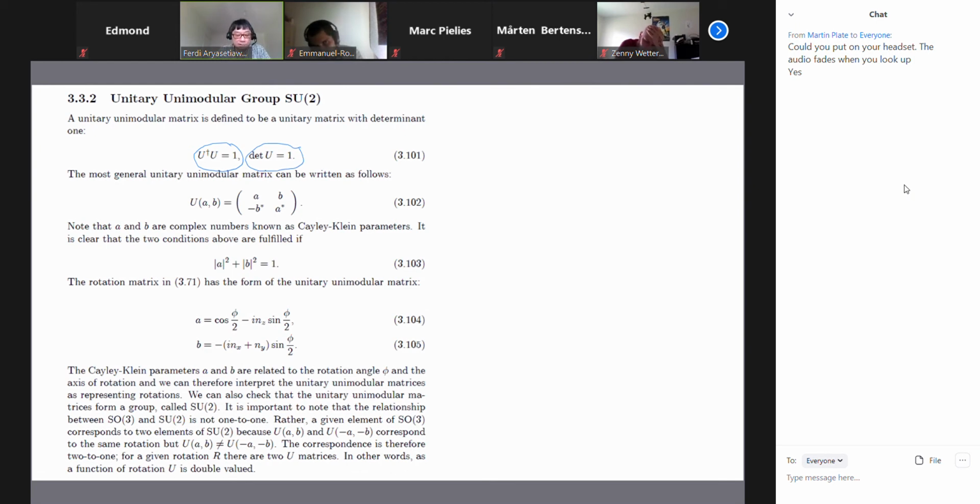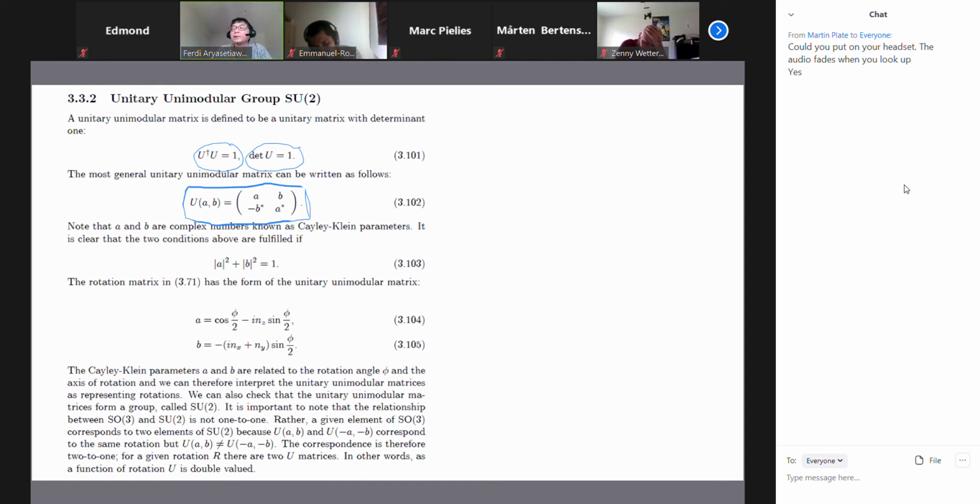So the most general SU2 matrix can be written in this way here. That's the most general form. The A and the B are complex numbers.